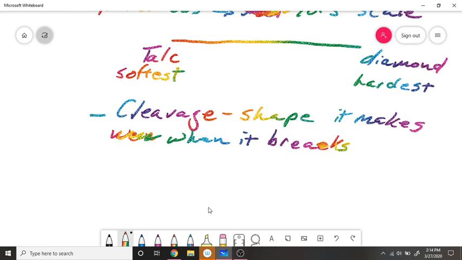Does it have sharp edges? Does it still stay in its little square shape? What does it look like when it breaks?